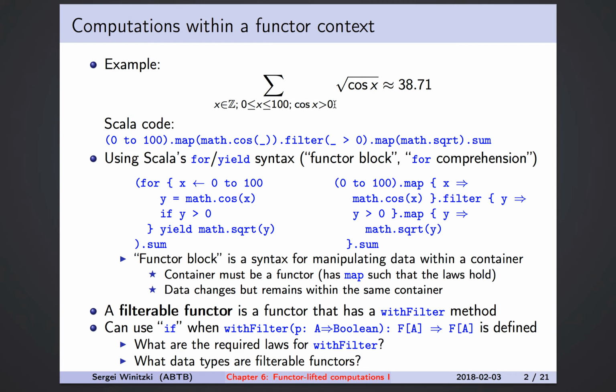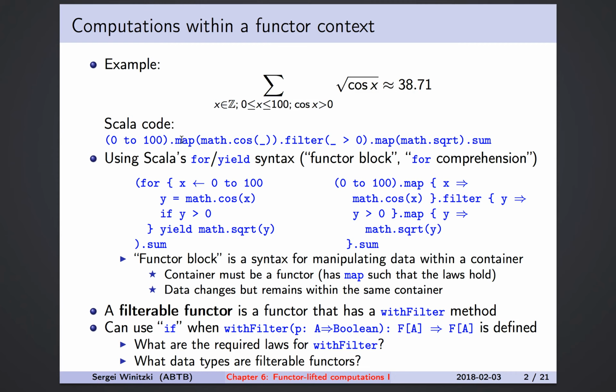So we sum over only those x that have cosine x greater than 0, and then if cosine x is greater than 0, it is safe to compute the square root of cosine x. So we compute that and we add together all those values of the square root of cosine x.